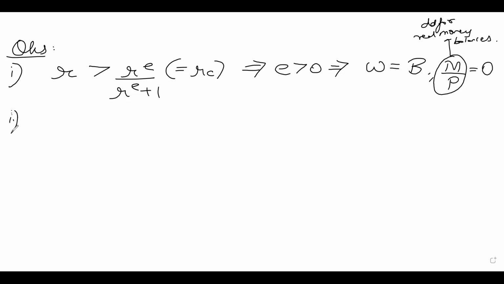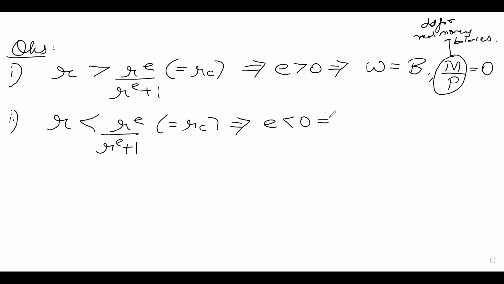Okay. Second observation, when R falls below the critical level, this is my critical level, in this particular case, it implies E is less than 0. So all my wealth is in the form of money, and demand for bonds is equal to 0. I'm holding all my wealth in the form of money in case 2.